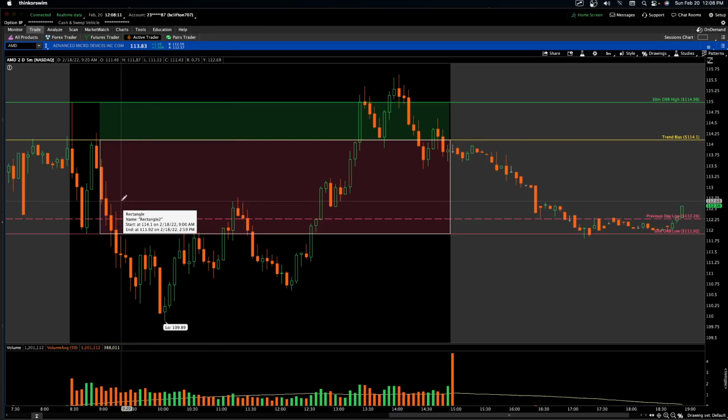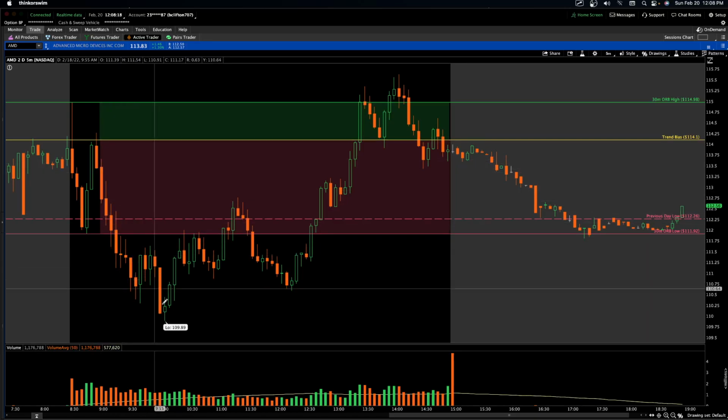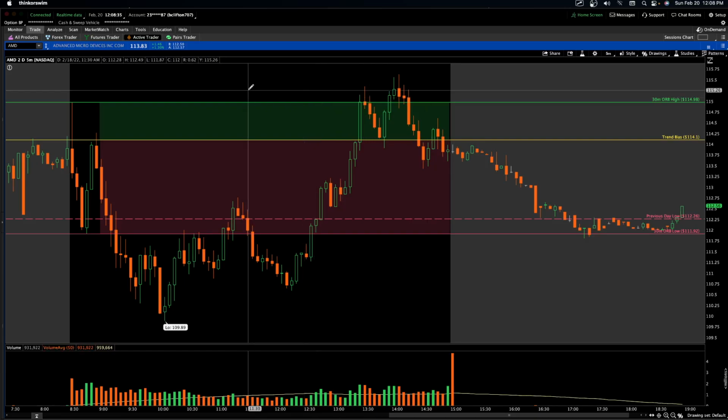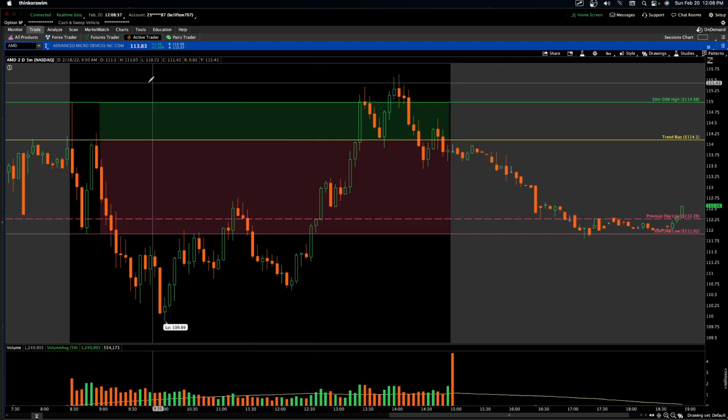But it really wasn't right in this particular case, because even though we did break below the ORB low and we were able to make some money on that trade, it actually went back up. And by the end of the day, it had actually broken the ORB high, right? So this is why you want to back test these things. I don't know if AMD had some news on Friday that made it pop back up. I'd have to look. But those are all things to certainly keep in mind.